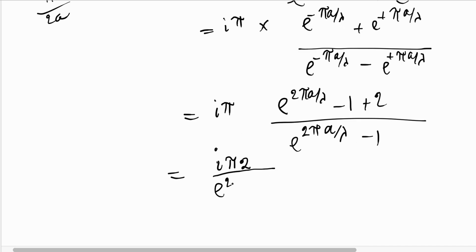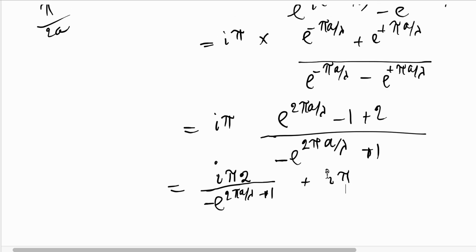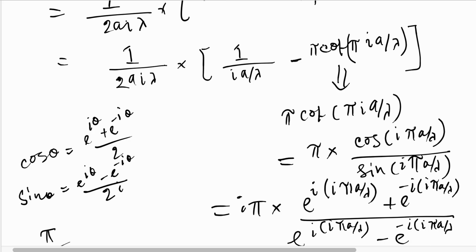So we get i pi by e to the power 2 pi a by lambda minus 1 plus, so there will be a minus sign. Here it is actually plus, so it is i pi. Now I can put it here.